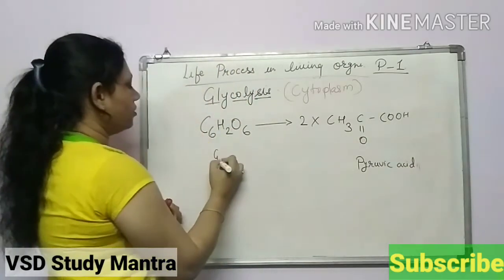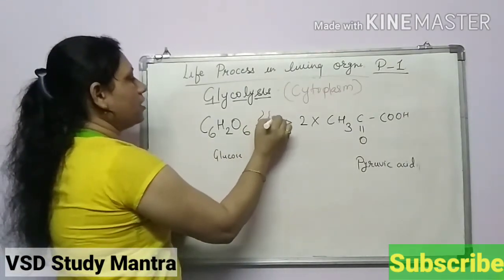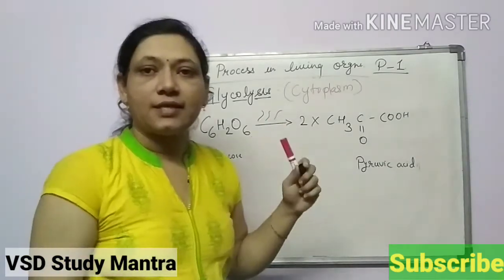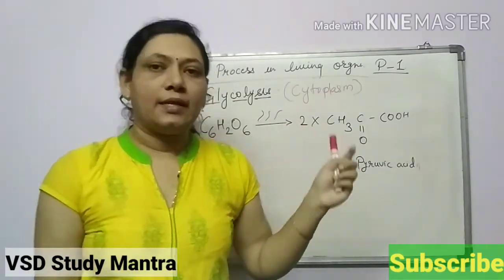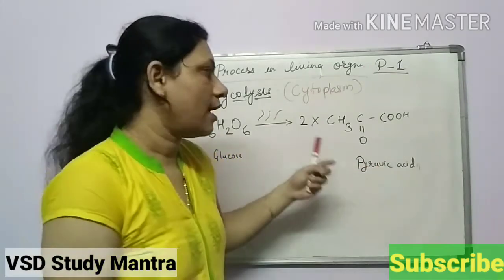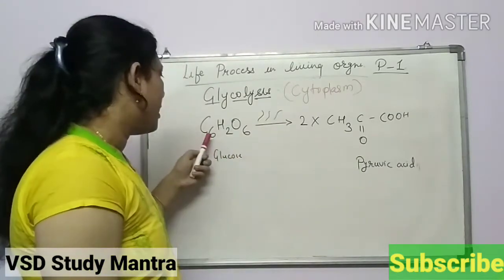This is glucose. And energy is released here, meaning ATP is released. Energy means, as I told you, ATP and NADH2. I will tell you also what NADH2 is. First we will study this.